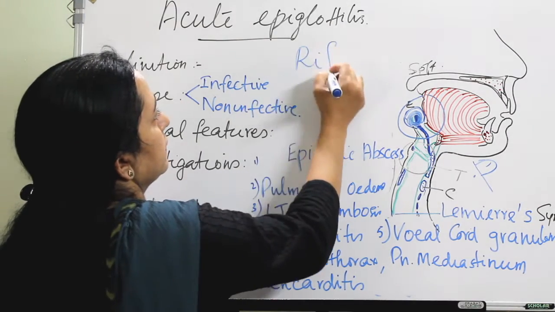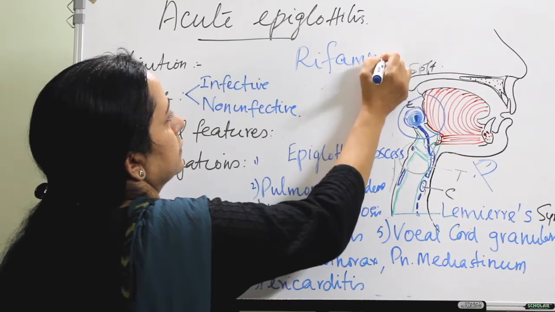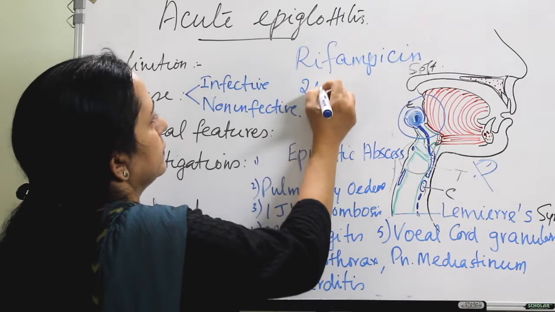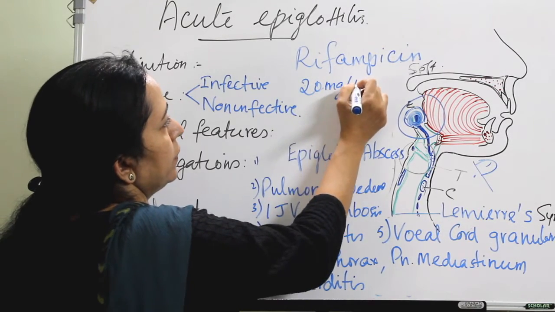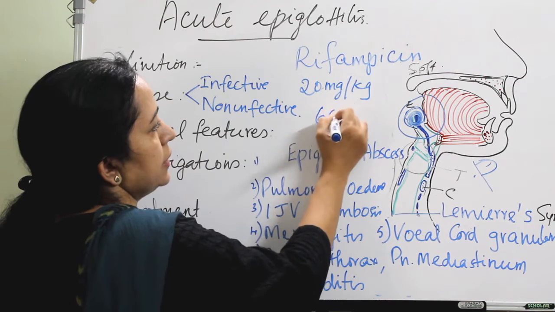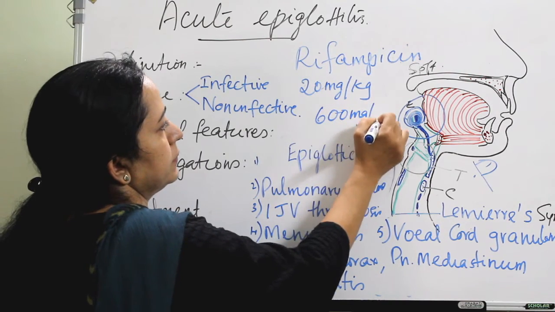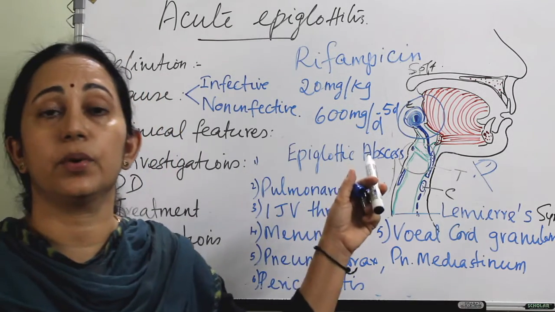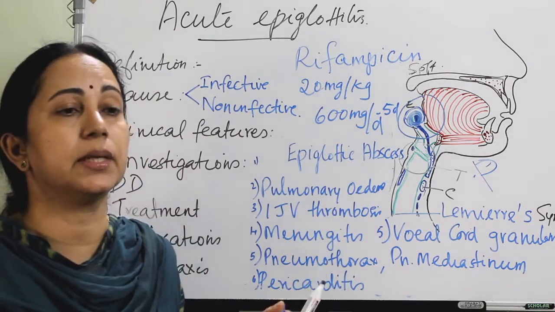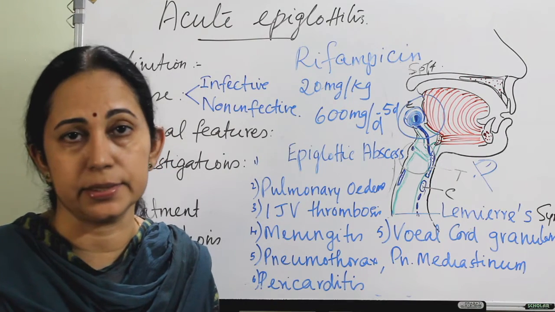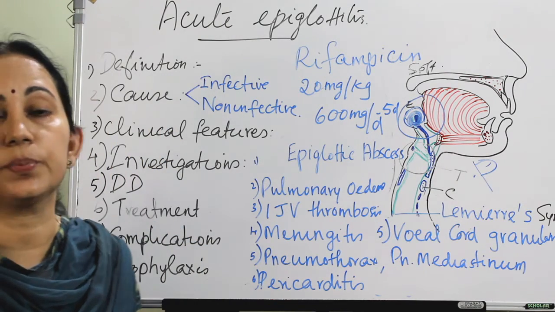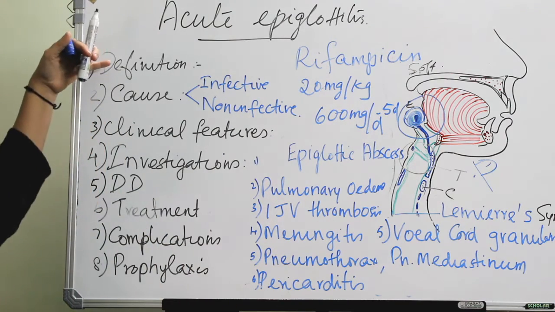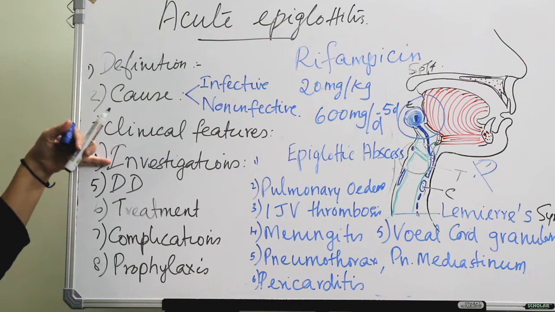Rifampicin is given at 20 milligram per kilogram to a maximum dose of 600 milligram per day for 5 days. Some books tell it as 4 days also. So as a short note, these are the headings you must remember: definition, cause, clinical features, investigation, differential diagnosis, treatment, complication and prophylaxis to get full marks.